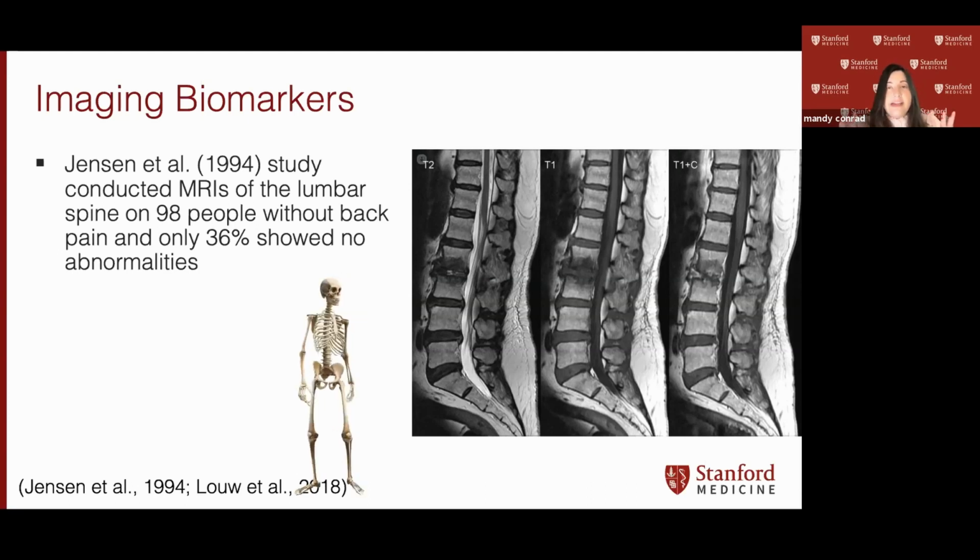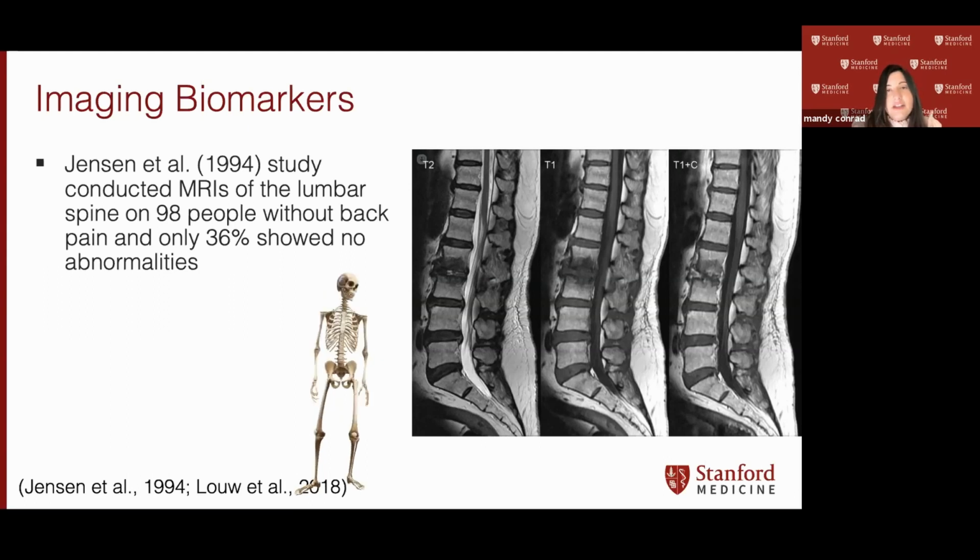So they were considered asymptomatic, no lower back pain. And they decided to do some MRI examinations of the lower backs of individuals who weren't complaining of symptoms, and see if you could detect any abnormalities.